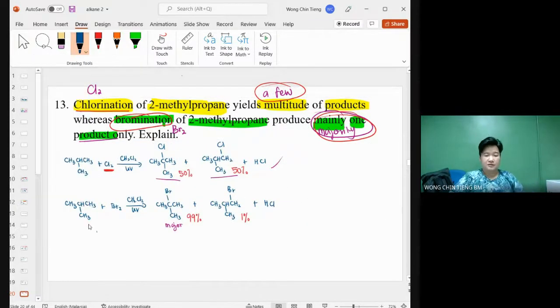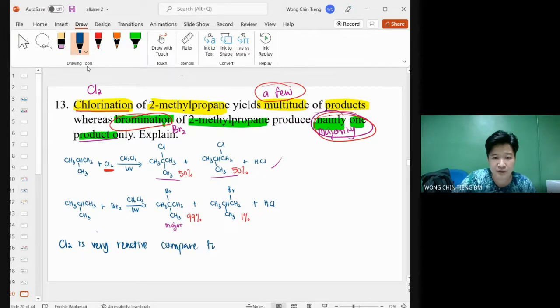So, just bagi tahu kat situ, chlorination pula. Chlorine, Cl2, is very reactive compared to Br2. Dia jauh lagi reaktif. Therefore, chlorine will react faster than Br2.